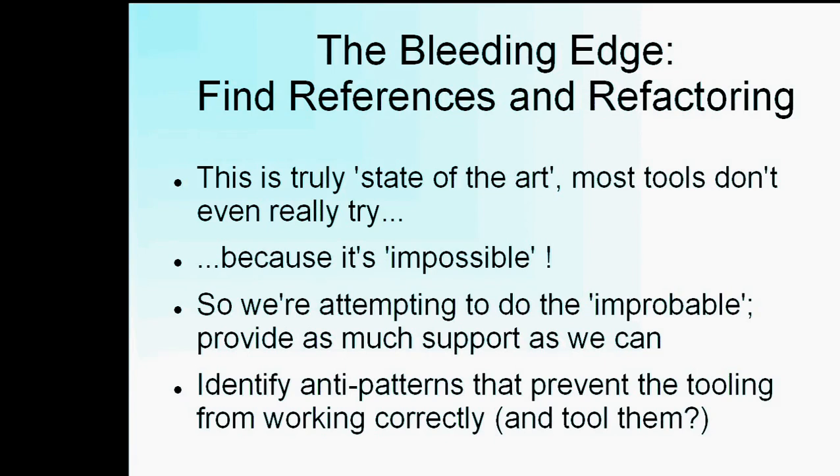So we're basically providing as much support as we can. And going forwards, over time, we'll pull on the thread, and we'll pull on the thread. There'll be more quick fixes. We'll have more hovers for information.